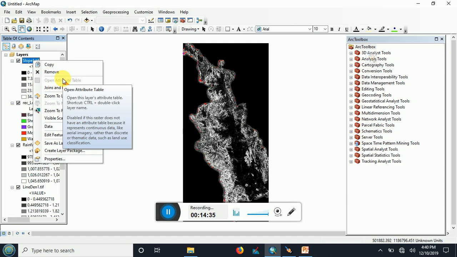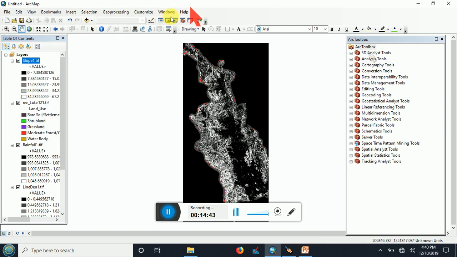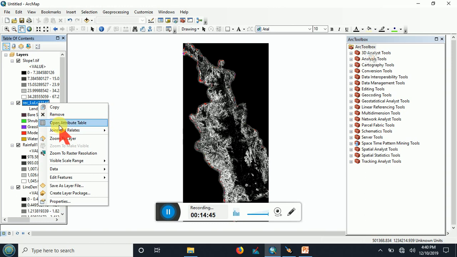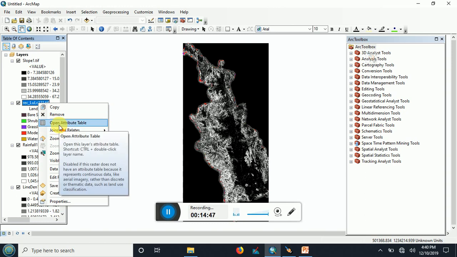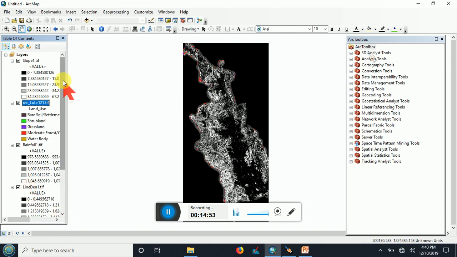It is inactive. And try also land cover change, it's active. Similarly, rainfall is inactive, alignment density is inactive, but the geology is active.